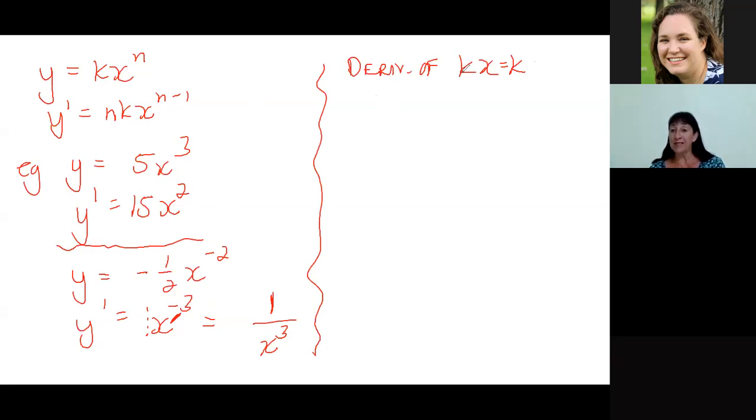Whatever's in front is the derivative, and it follows directly from this rule. For example, if y equals minus 2x, because it's just an x to an invisible 1, the derivative of an x term is its coefficient.